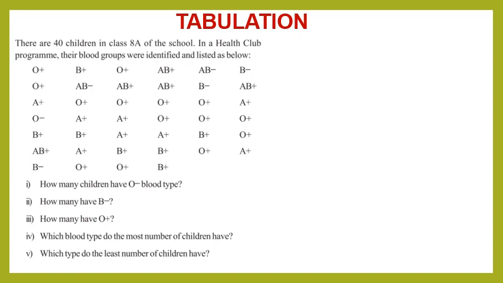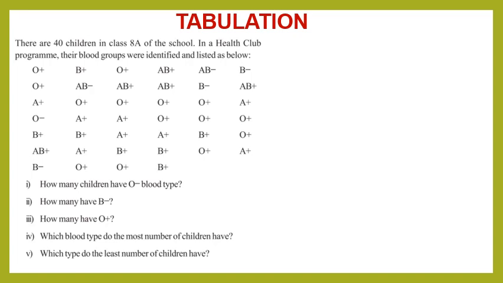Third question. How many have O positive? Yes, here you can see more than 10 O positive blood groups. Fourth question. Which blood type do the most number of children have? For this, we have to add each type separately, right?